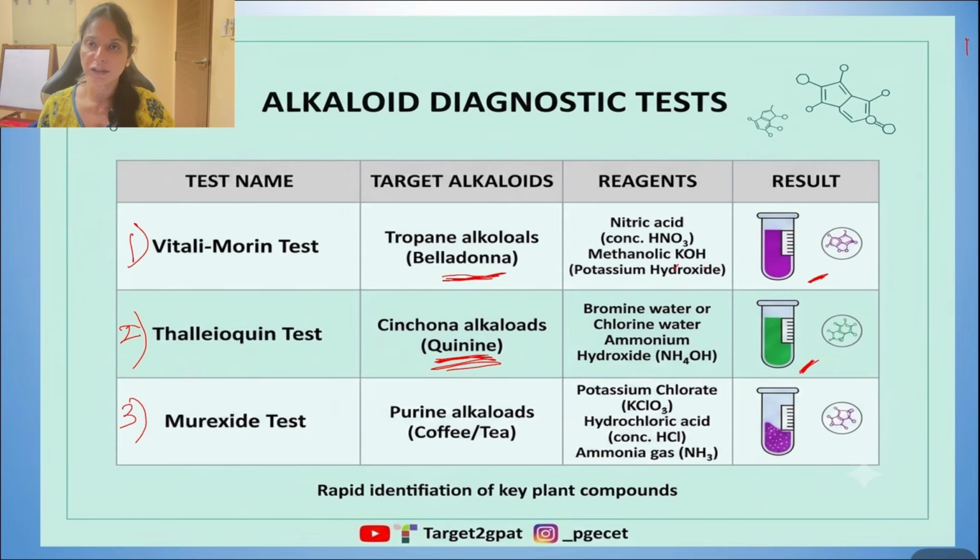And here the reagent used is hydrochloric acid, along with that hydrochloric acid we use ammonia gas and potassium chloride. And here this also forms a purple color. Okay, so these are the major specific identification tests of alkaloids.